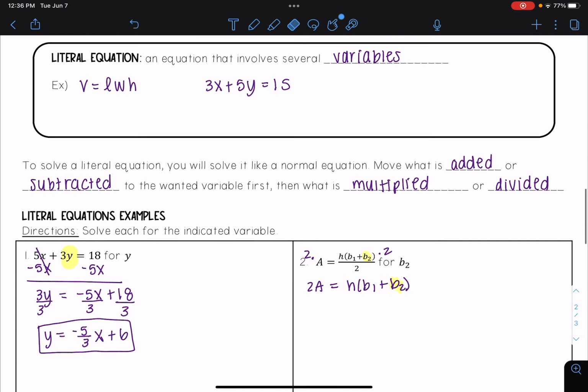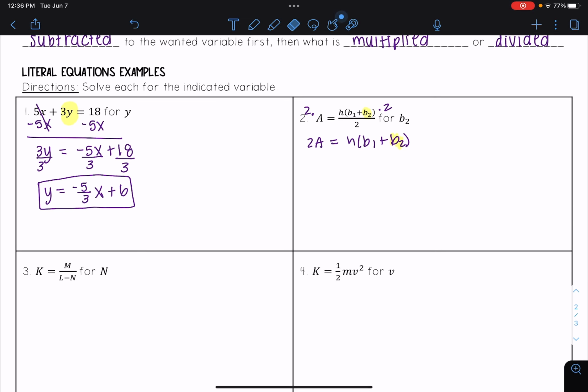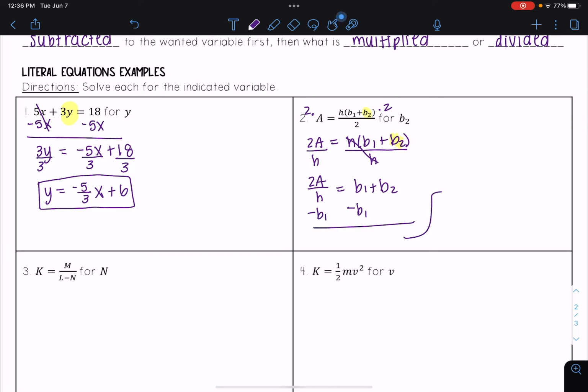So I'm going to go ahead and do it that way. So I'm going to divide both sides by h to get b1 plus b2. And now to get b2 by itself, I just need to subtract b1 from both sides. And so I get that b2 is equal to 2A over h minus b1.